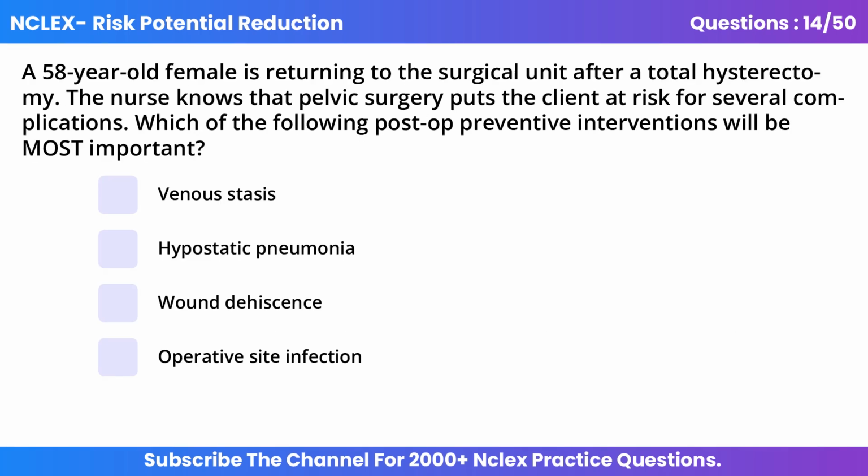Question 14. A 58-year-old female is returning to the surgical unit after a total hysterectomy. The nurse knows that pelvic surgery puts the client at risk for several complications. Which of the following post-op preventive interventions will be most important?